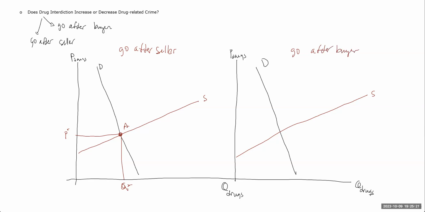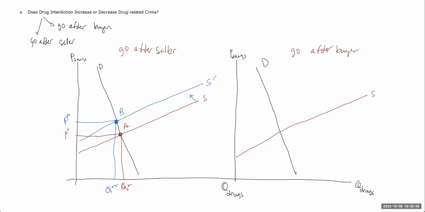Let's see what happens. Here, we go after the sellers. We make it more expensive to sell drugs, which means the supply curve shifts upwards. Hire more policemen, more police dogs. Supply shifts back, and we get a new equilibrium B, with P double star and Q double star.